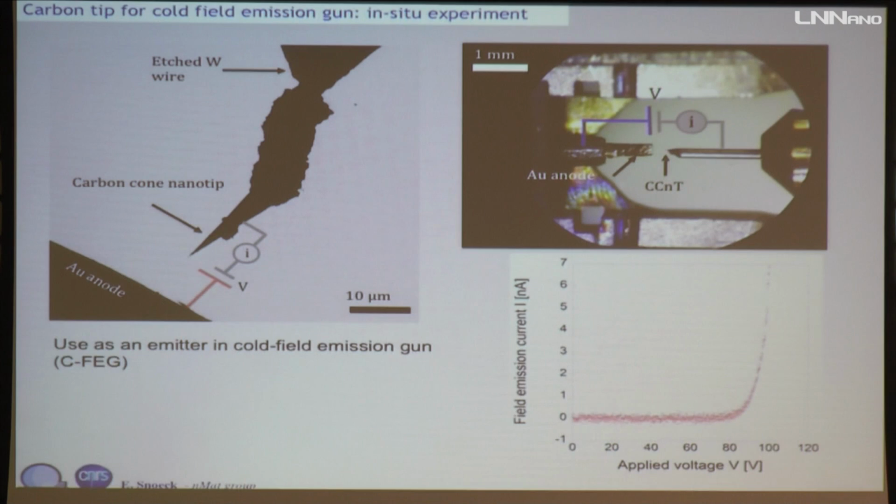But you may think about other kinds of devices where you have charges which are localized in some part. And here we have been doing something different. We are working on a field emission gun, and practically we are working on the emission of electrons using a carbon nanotube.